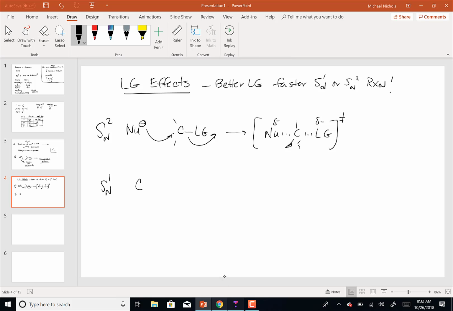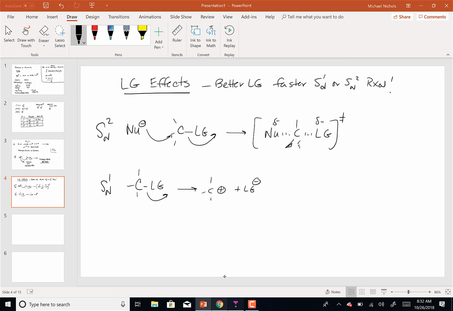So what's the rate determining step of the SN1 reaction? To break apart and form the carbocation with the leaving group. So is it part of the rate determining step? Yes. Is it part of that transition state? Yes.